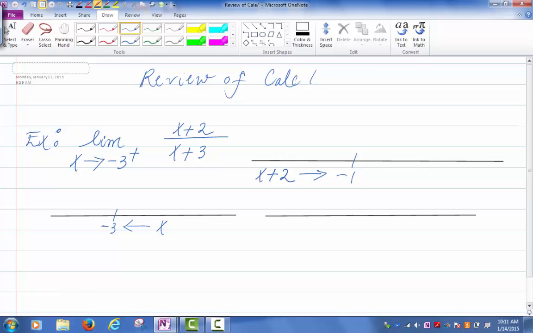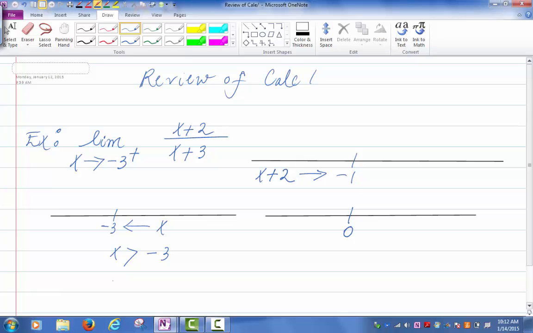How about x plus 3? Obviously, x plus 3 is going to 0 when x is going to -3, right? You agree with that? So here is 0. My question to you, does x plus 3 go to 0 from the right side or the left side? Here I have that x is greater than -3, right?